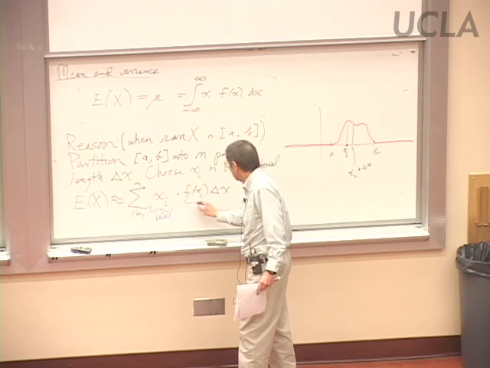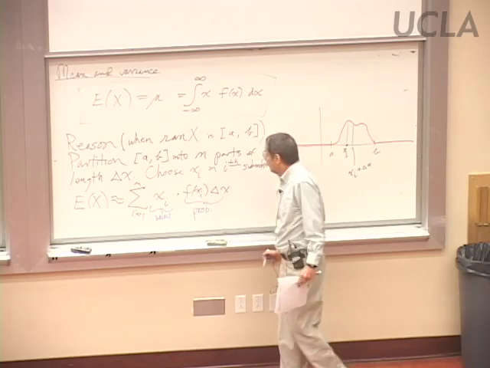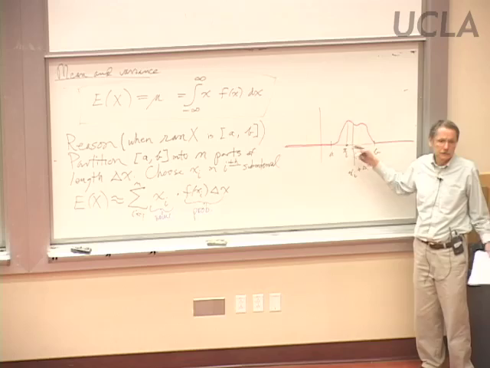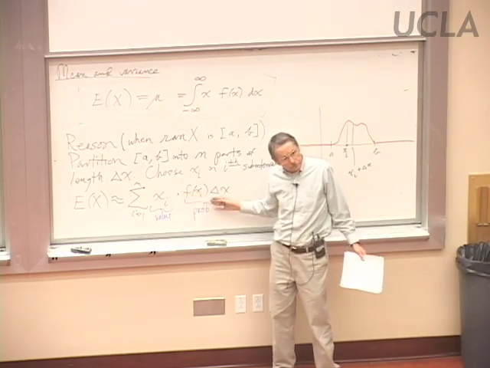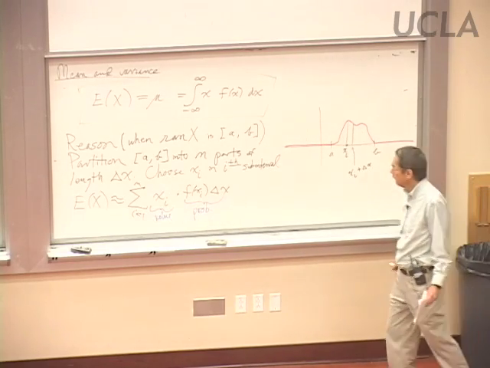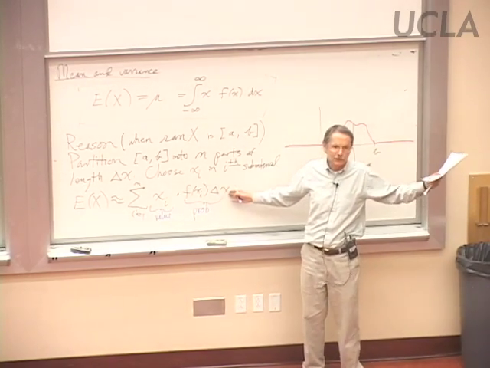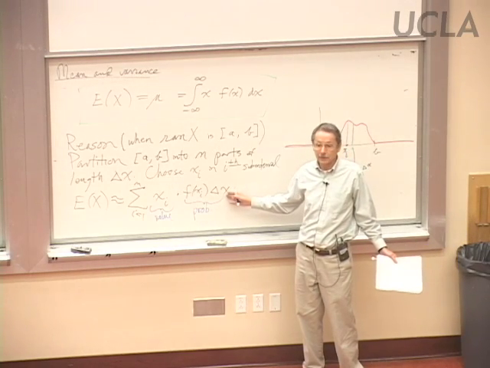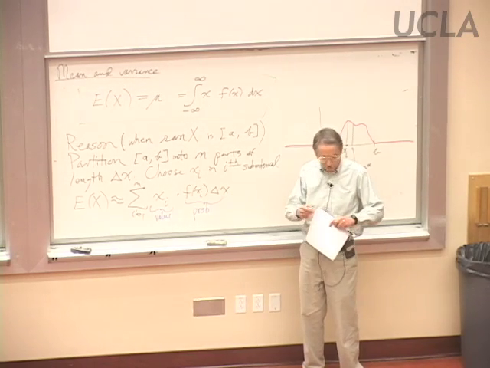And then we'll weight that with the probability of getting something in that little piece. So we get this weighted average of the values weighted with the right probability. But you look at this, and of course, it's a put-up job. You've seen this before. This is nothing but the Riemann sum, right, from talking about integrals.